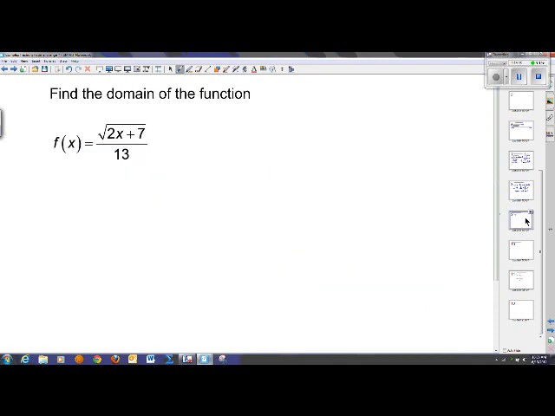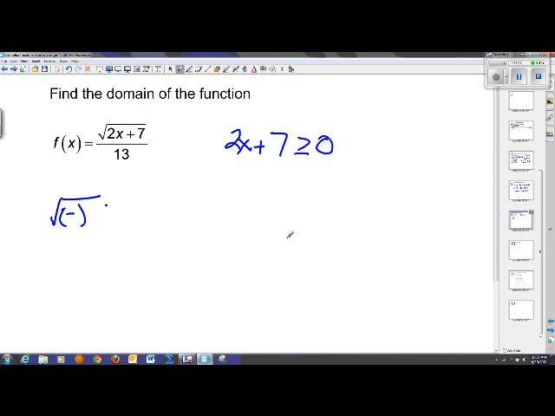Moving to the next example. In this case, now we have a square root that we're looking at. And when we talk about square roots, there are some issues with square roots. We know that we cannot have a negative value inside a square root. So what that tells us is that anything under the square root, in this case 2x plus 7, has to be greater than or equal to 0.